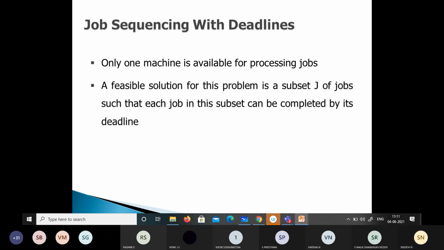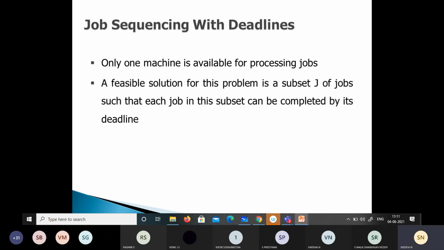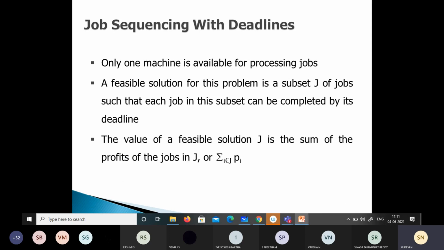A feasible solution for this problem is a subset. We will find a subset of jobs, and each job in the subset should be completed by its deadline. We will find a subset wherein we have a set of jobs that can complete the work within the specified deadlines, and the value of this feasible solution is the sum of the profits of the jobs.